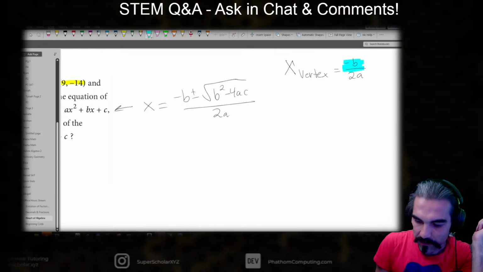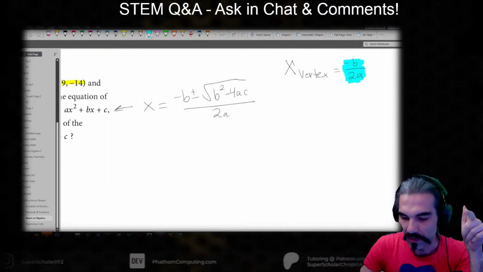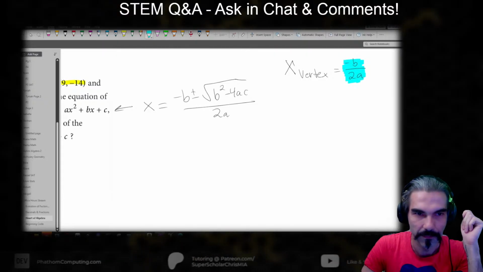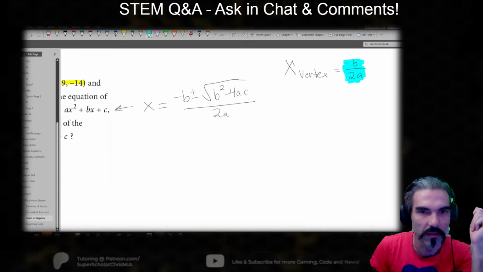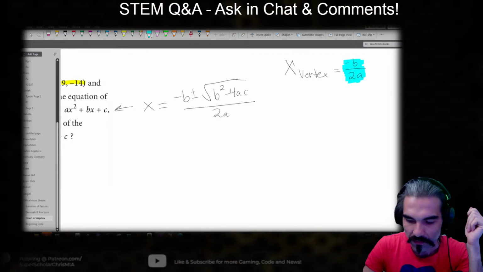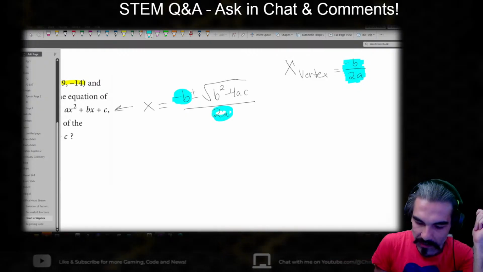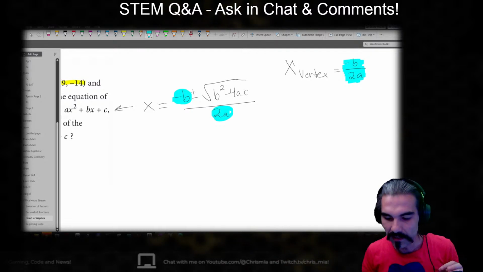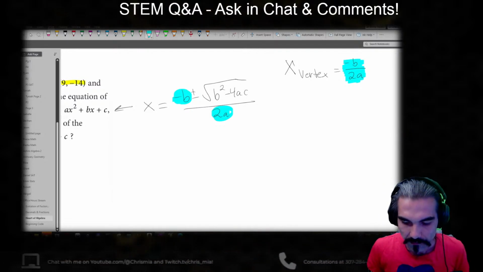That should be somewhat familiar. You've seen it pop up if they ask you for the vertex. You take b, make it negative, and divide by 2a, still referencing the a, b, and c from ax squared plus bx plus c. But we don't normally associate that with the negative b over 2a here. Voila, that's the first key: I can remember two equations much more simply, right?